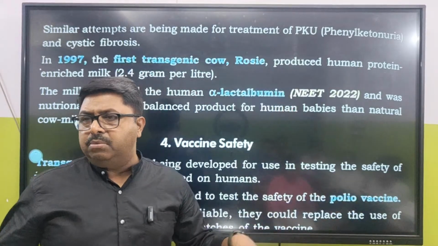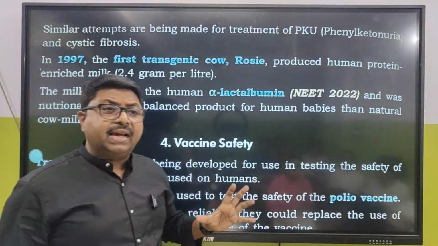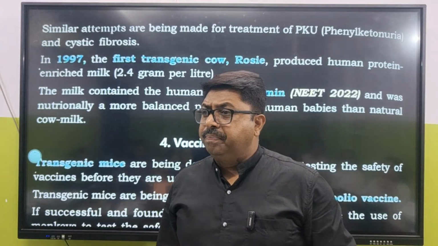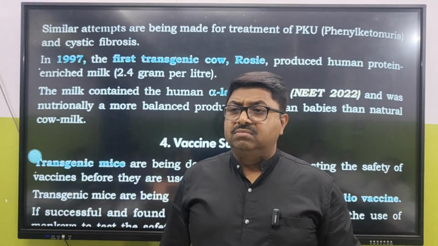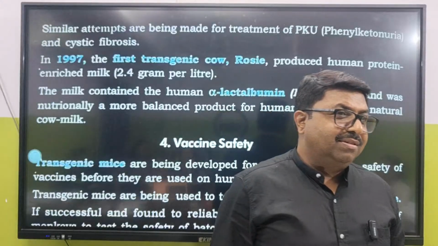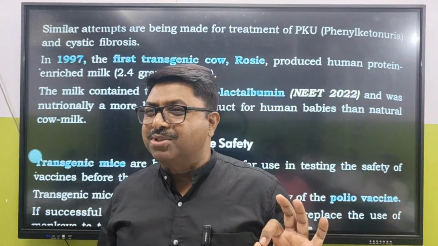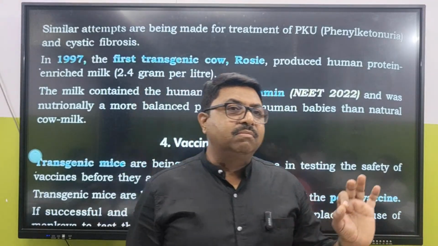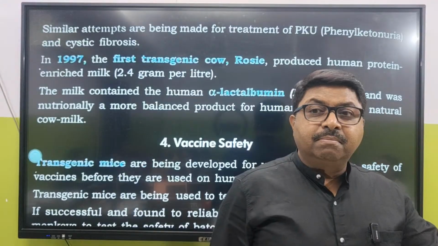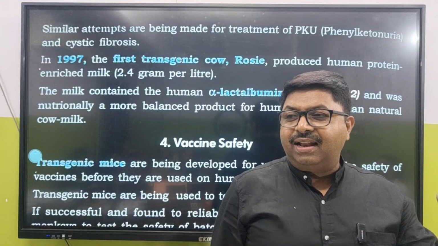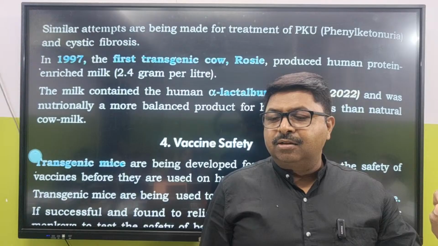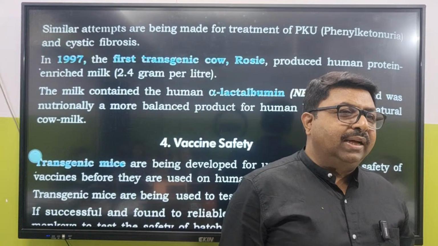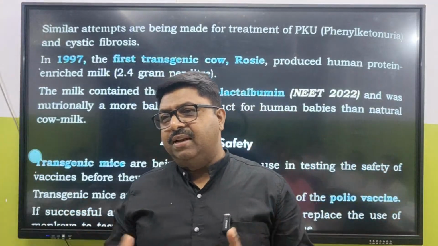Okay, let's come back. Now, Rosie is a transgenic cow. What is being introduced? The gene which can make human alpha lactalbumin. Present-day mothers often cannot produce enough milk because of lifestyle changes.